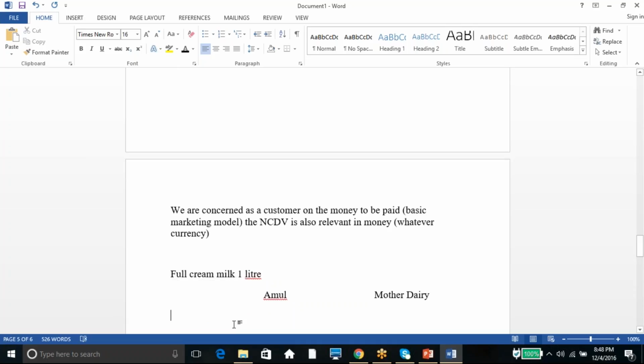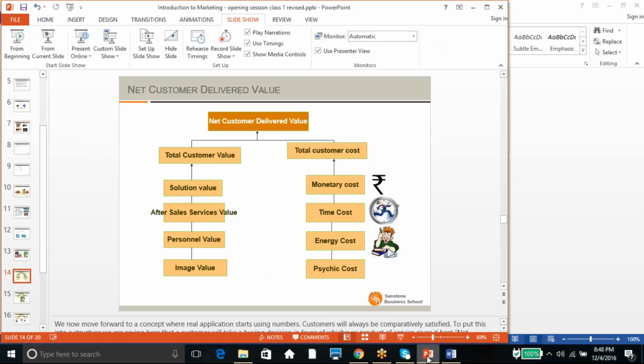So let's understand it here, and then please do it for the MBA as well, and see whether you are deriving the real value.